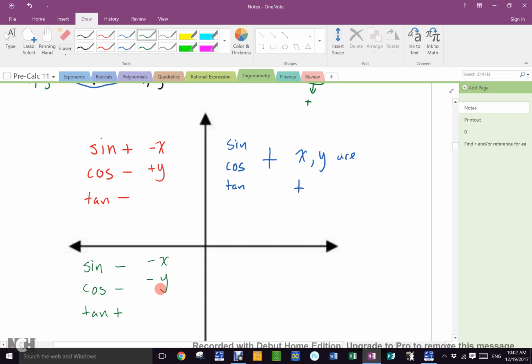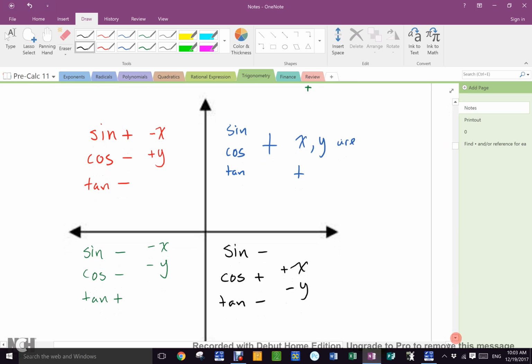Everybody cool there? And finally, in the last quadrant, what's sine? Negative. What's cos? Positive. And what's tan? Negative, because x is positive and y is negative. Is everybody cool with that?